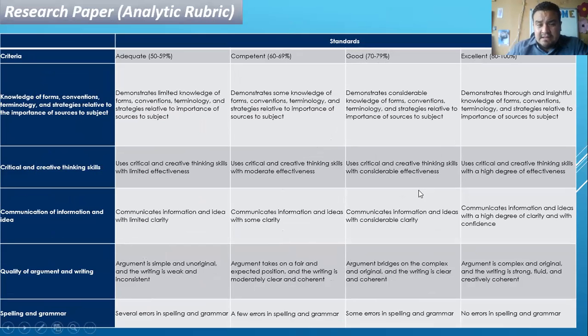As you can see, this is an example that I'm providing you, so you can take a look at what an analytic rubric looks like. Okay, so you can see it's more complex, and definitely, just as the disadvantages were presented, the disadvantages are quite greater than the advantages.